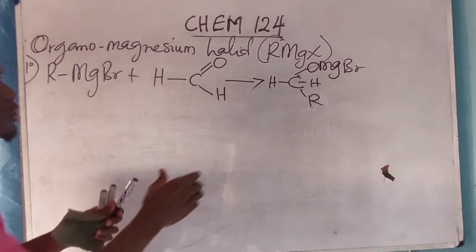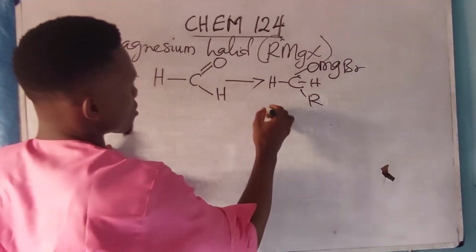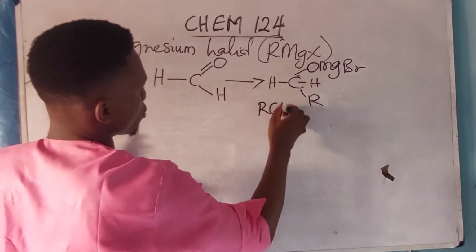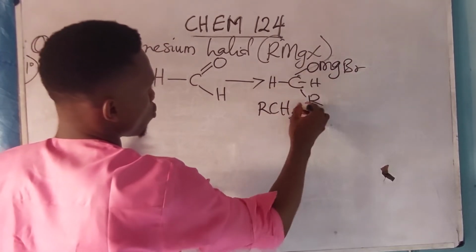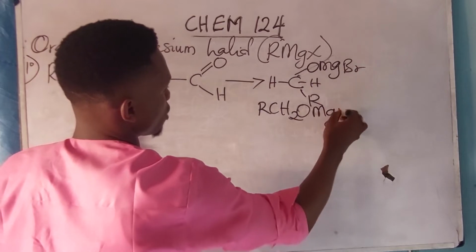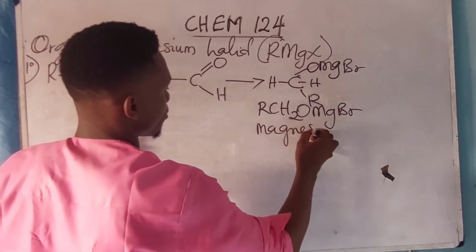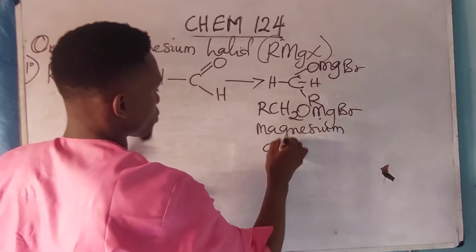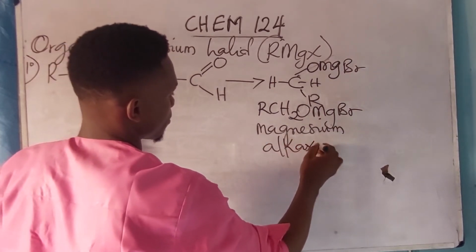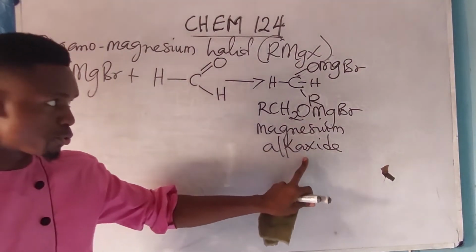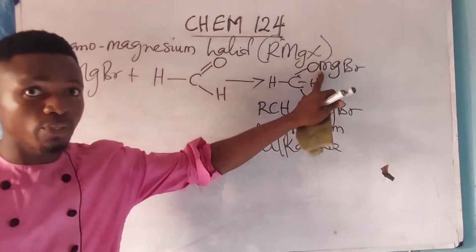An alkoxide. So this compound is written as CH2O, then MgBr. This is called magnesium alkoxide. Alright, magnesium alkoxide.